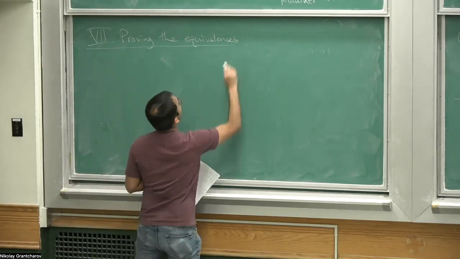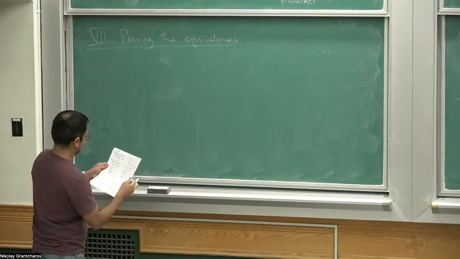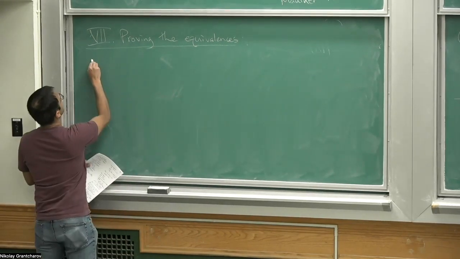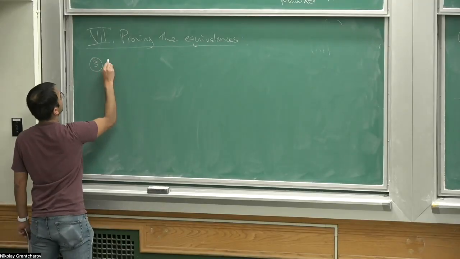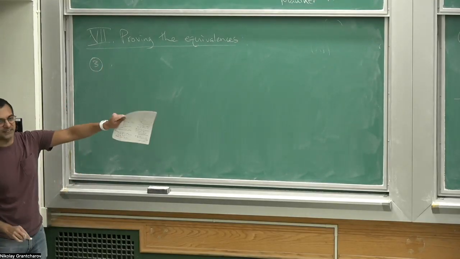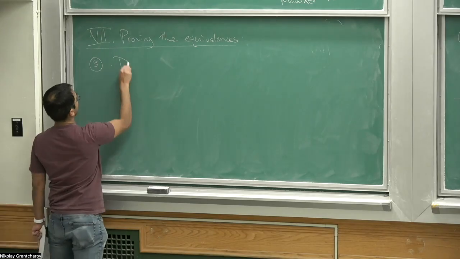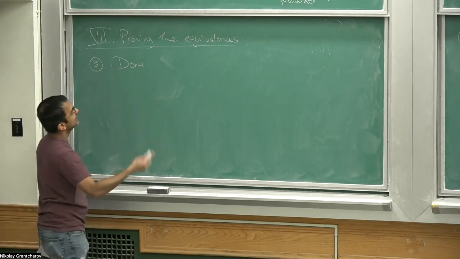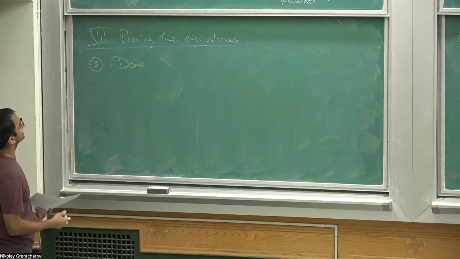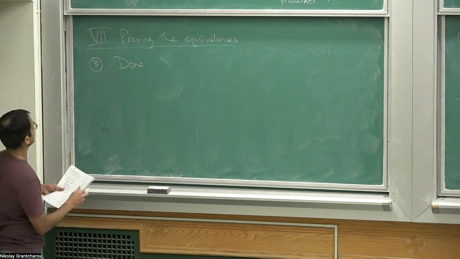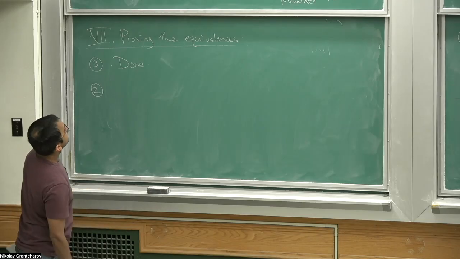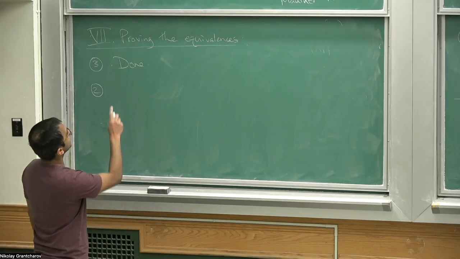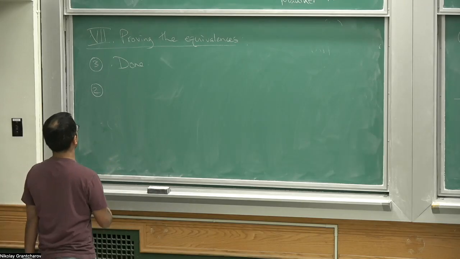So I've got various labeled arrows here. For number 3, by the time we finish constructing the functor, we're done already. The formality theorem is proved in the process of constructing that functor. Let's talk about number 2. We've got a functor from one triangulated category to another.